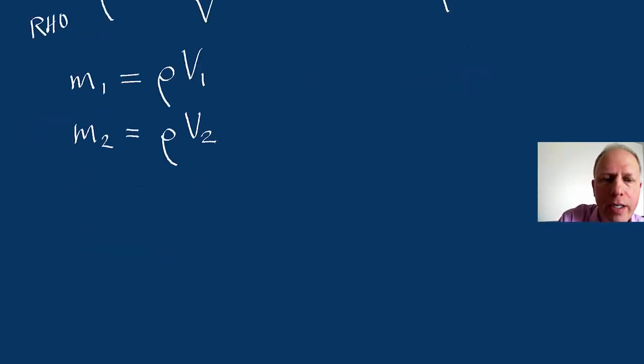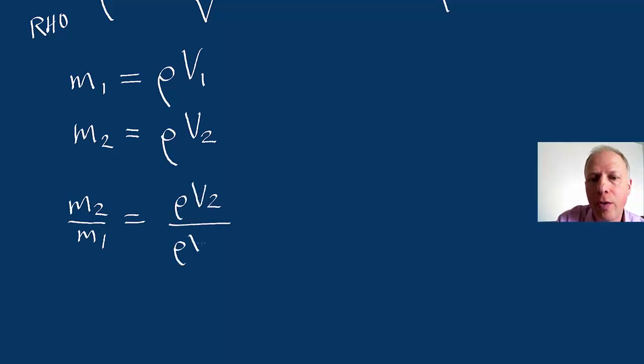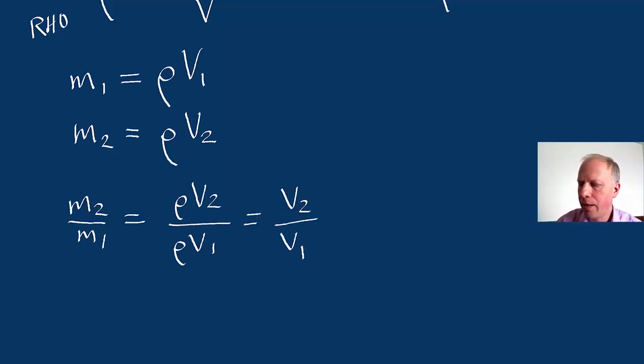So I could divide the second equation by the first equation. M2 divided by M1 equals rho V2 divided by rho V1, or in other words, V2 over V1. The rho's cancel. So I could solve for mass of sample number 2 from this equation by multiplying both sides by M1.